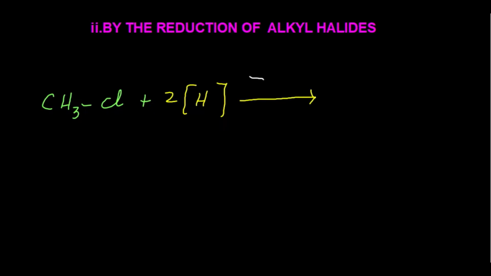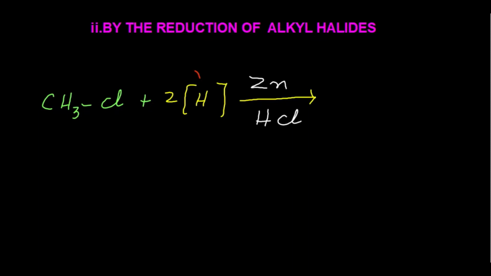It adds to the alkyl halide molecule, and we can say it reduces the alkyl halide molecule. Since we know addition of hydrogen is known as reduction, here zinc is used in the presence of aqueous HCl.